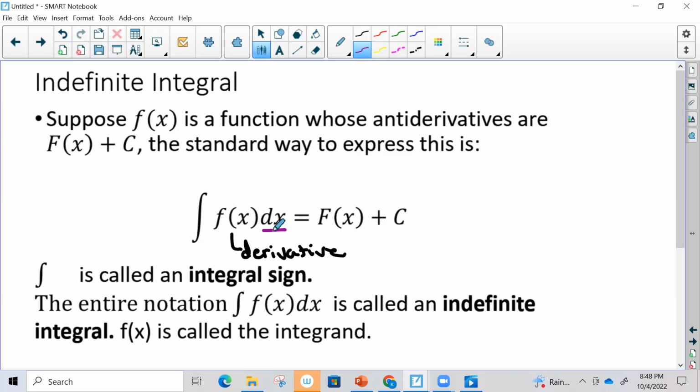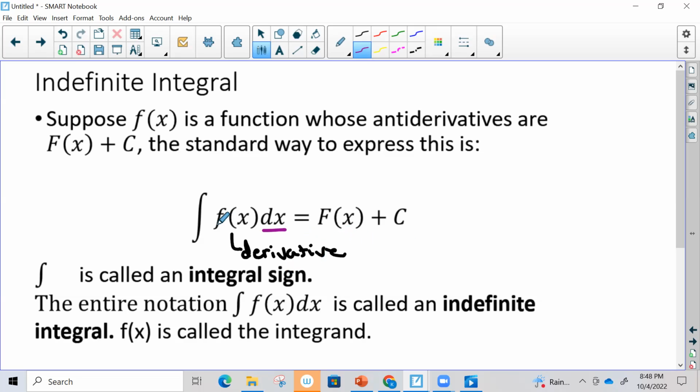And it's very important that you always put dx. Students always leave it out. But if you ever run into Calc 2 or 3 or other higher level math, this is really important because they'll have functions of multiple variables, and you have to know which variable you're integrating with respect to. In this class, we're just going to do one, so it's more of just proper notation to include it.